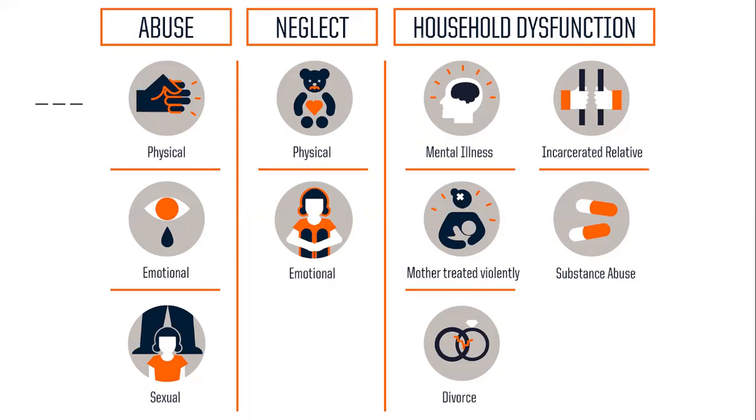And then just some household dysfunction that might be going on, which might be mental illness. It could be parents incarcerated. It could be that the mother's treated violently, substance abuse in the home, or divorce. And so these are the different types of ACEs that are being measured by the ACE quiz.